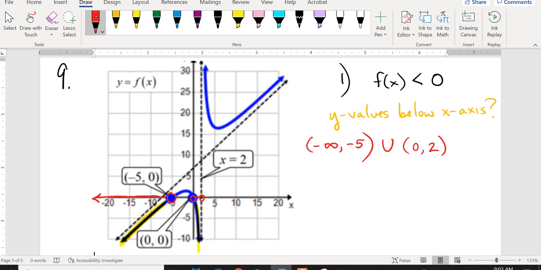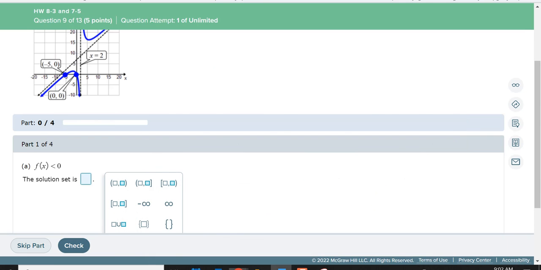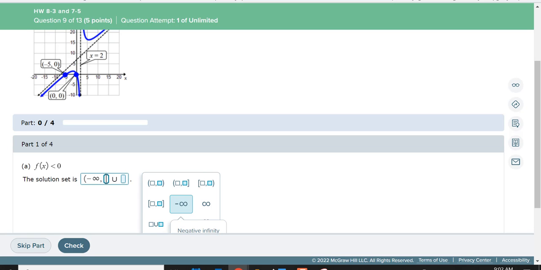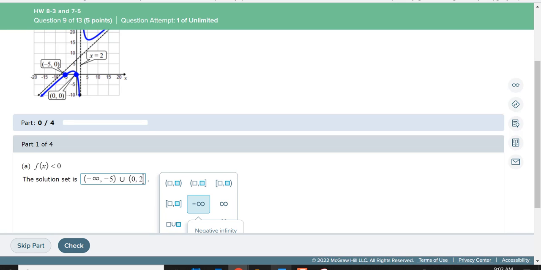All right, let's go type that in. I want negative infinity, comma, -5, and then I want from 0 to 2.